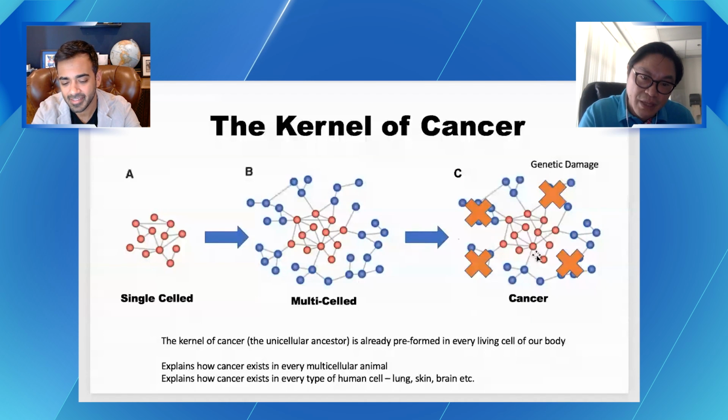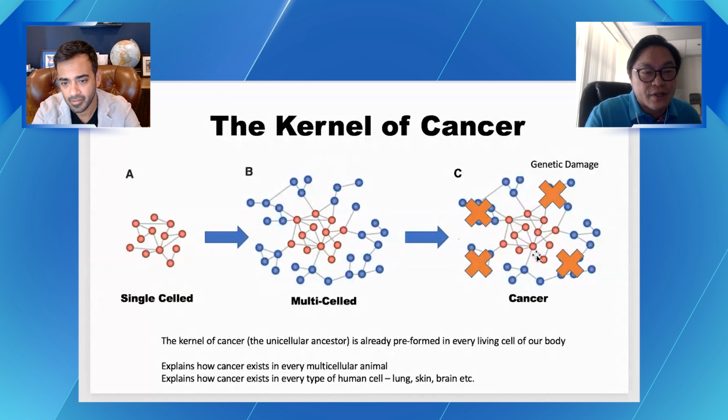And that's how you explain how cancer exists in every single cell type. It doesn't matter, breast, lung, heart, cervix, whatever it is. Same thing, every multi-celled organism can develop cancer. Why? Because that is how we evolved from singularity.